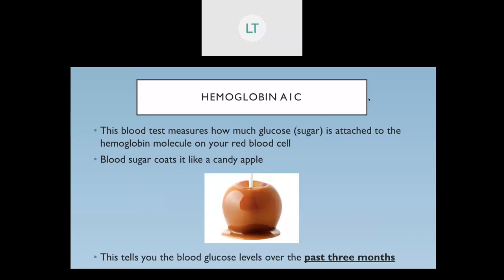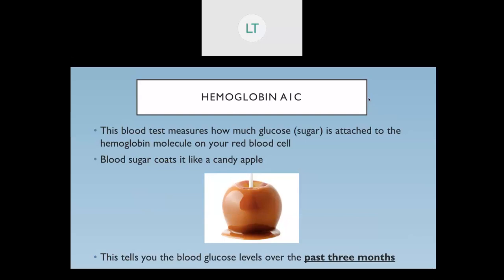And sugar molecules are really sticky. So some of those sugar molecules will stick to the hemoglobin molecules as they both travel throughout the bloodstream. So if there's a lot of sugar molecules in the bloodstream and your blood sugar is high, then more of those sugar molecules will stick to the hemoglobin cells and your hemoglobin A1C will be higher.